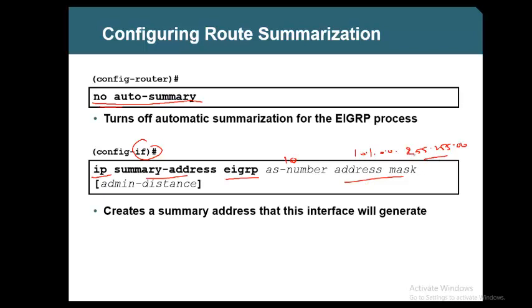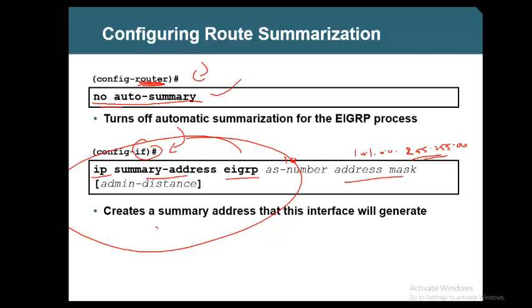This is defining the prefix length as per your desire. We call it manual summarization because we manually say what the length of the subnet mask should be. This is the syntax for manual summarization. Go under the interface and you define the summary statement. Auto-summary is under the router mode.